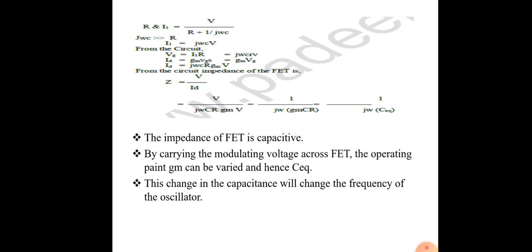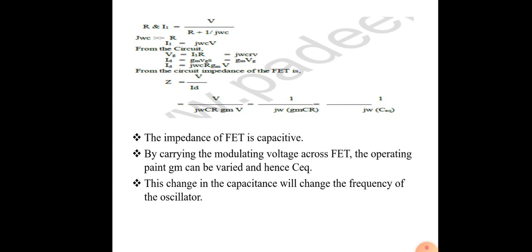So we already know the ID value, and that ID value will be substituted here. So the overall answer is 1 divided by j omega C equivalent. Here C equivalent is gm C R. Okay, the impedance of the FET is capacitive.